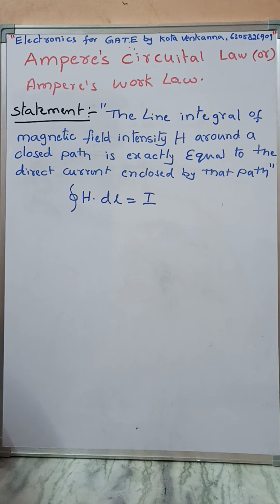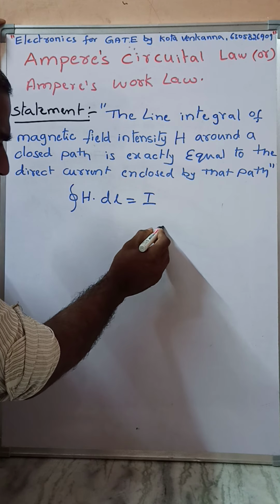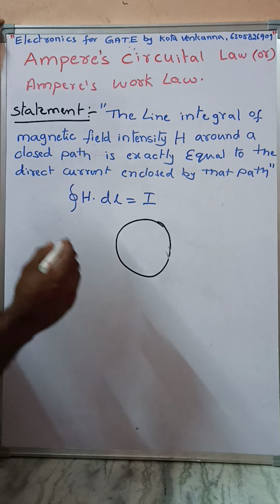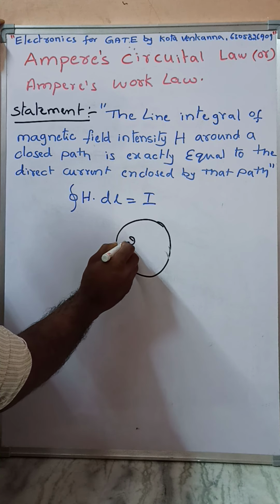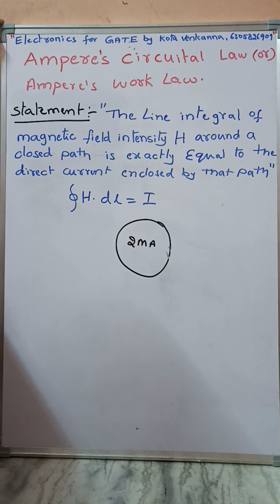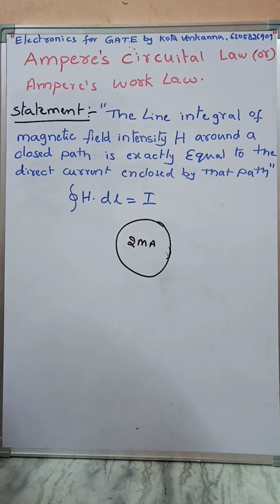Here H is the magnetic field intensity. For example, if it is a circular path, and in the circular path 2 milliamp current is there. We already know that when current flows, it can produce a magnetic field.